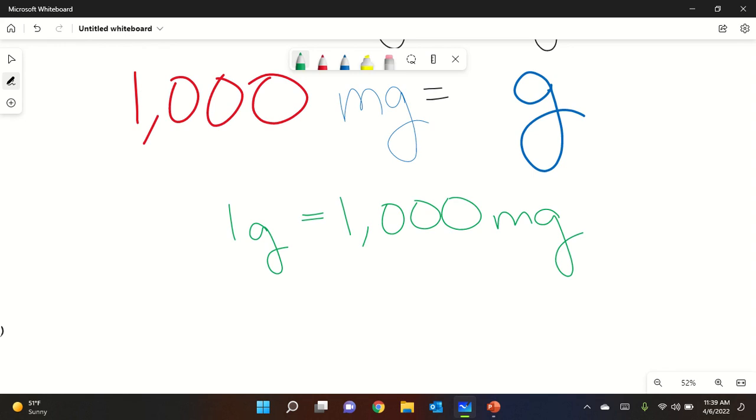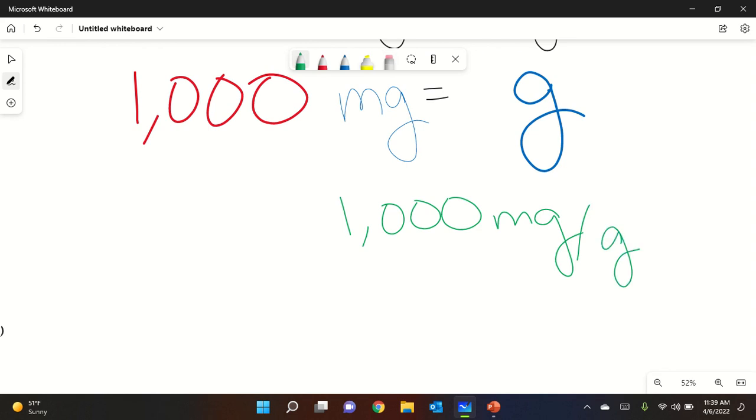And so what we're going to do is take this number here, which we can rewrite as, if we divide by 1 gram on both sides, 1,000 milligrams per gram, okay?